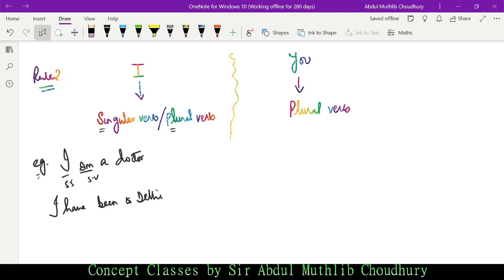When I say I have been to Delhi, I is the singular subject and have here is a plural verb. So I, when I place it as subject, will be followed by singular verb or plural verb. But when you start a sentence with you as the subject, you will always follow with a plural verb. Let me give you an example. You are a brilliant student.